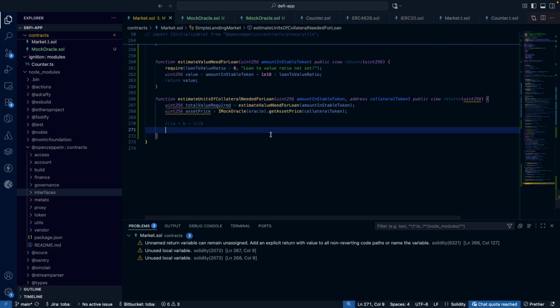So in this case, it's going to be total value required.